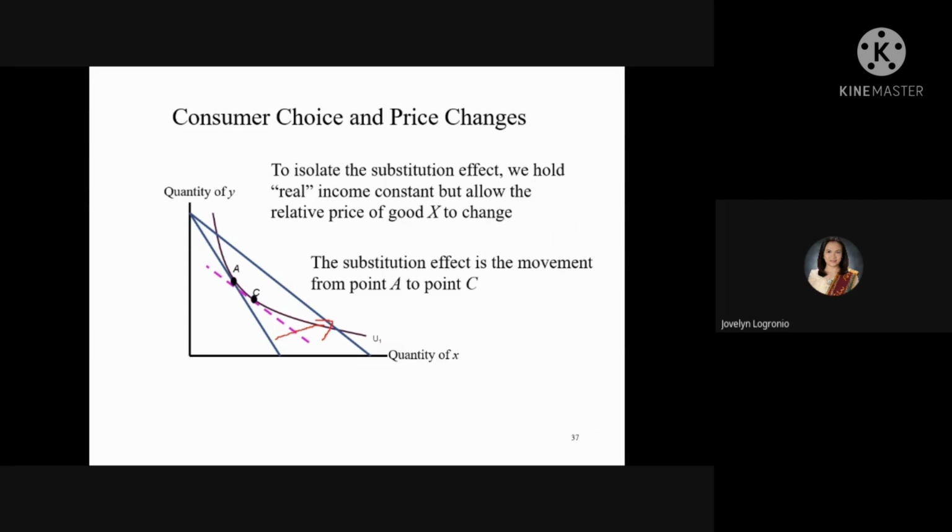We'll denote that as bundle C. From point A to point C, the quantity of good X at the new bundle is now higher compared to point A. This is now what we call the substitution effect. Since good X is now cheaper, the consumer buys more units of good X.